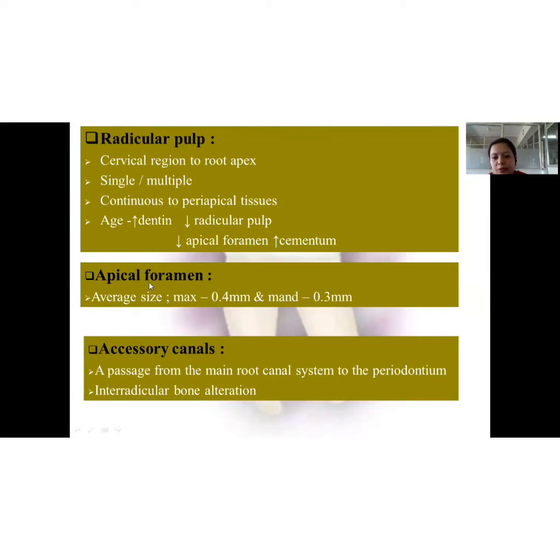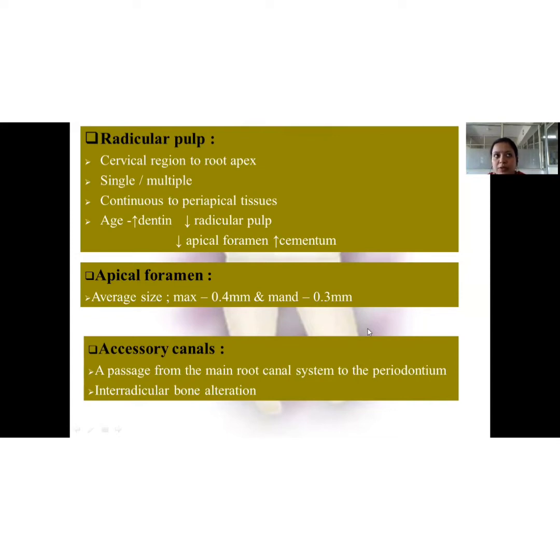Now, the apical foramen. The average size in maxillary teeth is 0.4 mm and in mandibular teeth is 0.3 mm. Accessory canals pass from the main root canal system to the periodontium. So basically, the accessory canals are the tributaries from the main root canal.